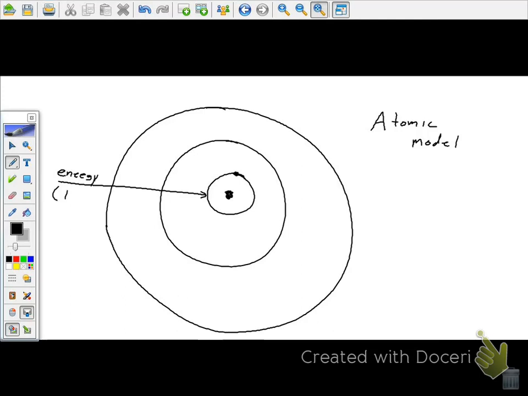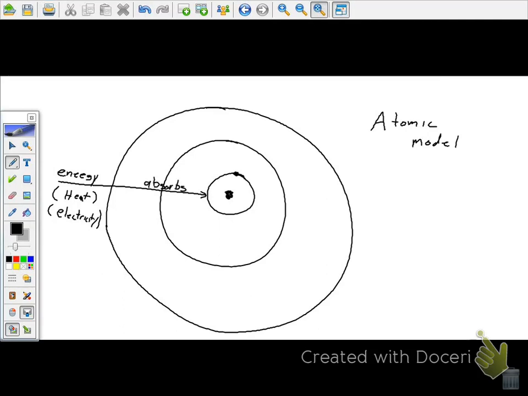Common ones would be heat, and it can also be electricity. Those are the ones we're going to use in here. So heat or electricity goes in, and this atom will absorb that energy. Okay? So energy goes in, energy is absorbed.